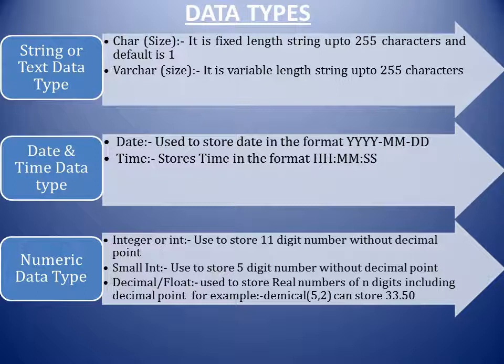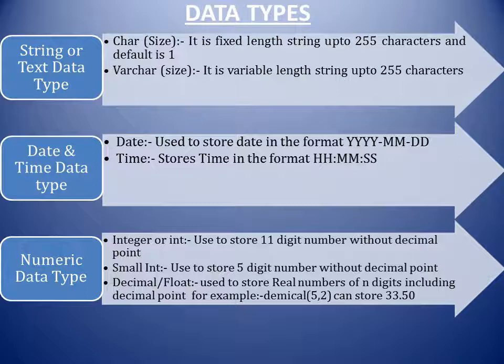In case of date and time, date is entered in the format YY, month, DD, and time is stored in the format HH, MM, SS. And if we talk about numeric data type, it is commonly divided into 2 parts, integer and decimal.